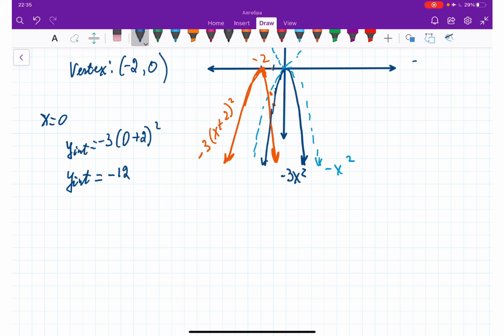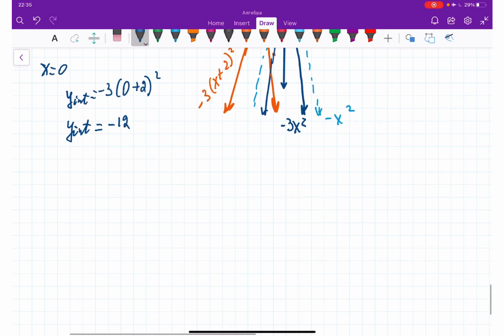Which one is it going to be? I'm going to build the graph 4 times (x minus 3) squared plus 1. Or it would be much better if I put plus 5. Okay.